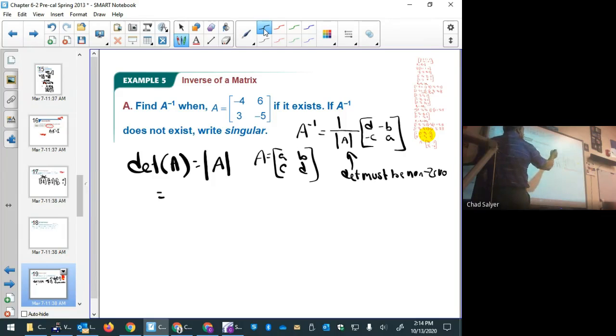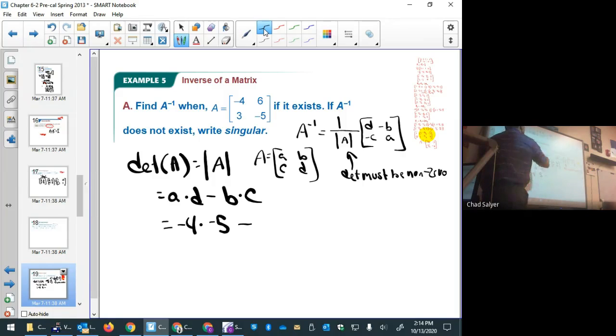So that's A times D minus B times C. So in this case, that's negative 4 times negative 5 minus, questions? I don't understand what you're doing there.